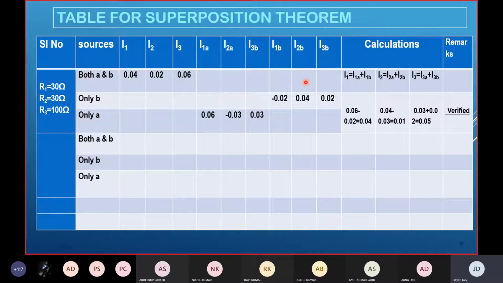Can anybody tell us what is the VA and VB value we have shown to you? 7.7 and 5.5. So with these two voltage values and this R1, R2, R3, find out I1, I2, I3. Fine. Now you omit VB. Having VA only, find out I1A, I2A and I3A.